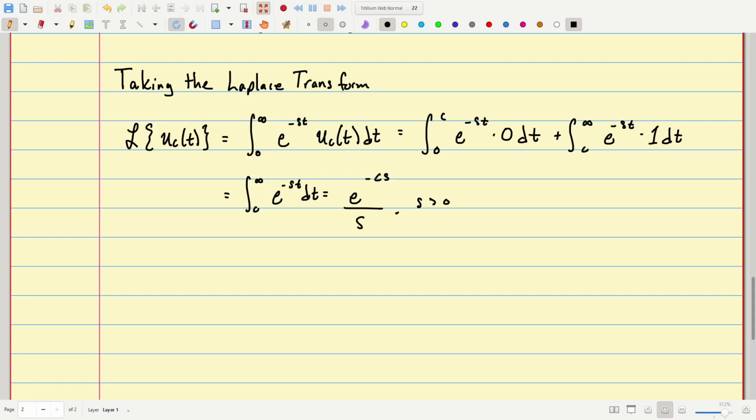And we've done integrals like this before, right? Except instead of plugging in 0, we're plugging in c. The other part goes to 0 because we have a negative exponent going off to infinity.